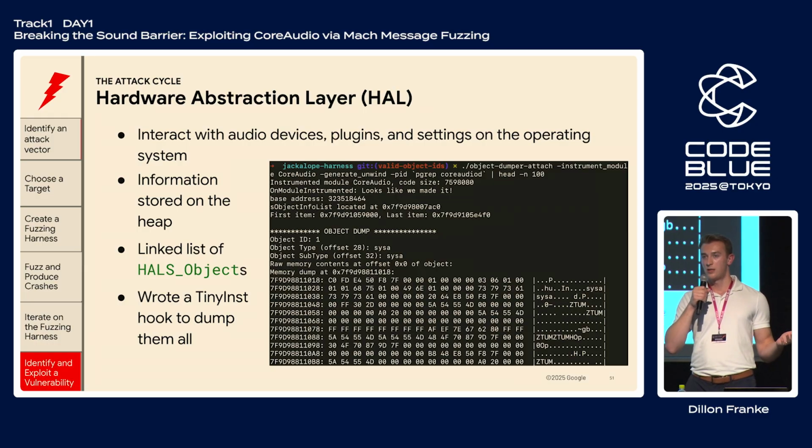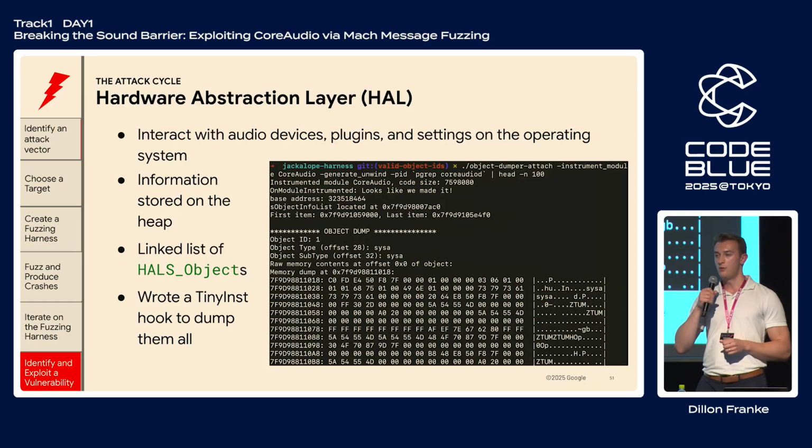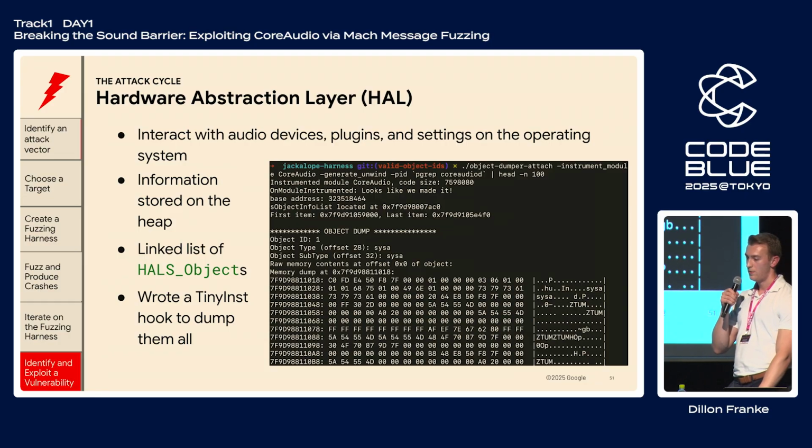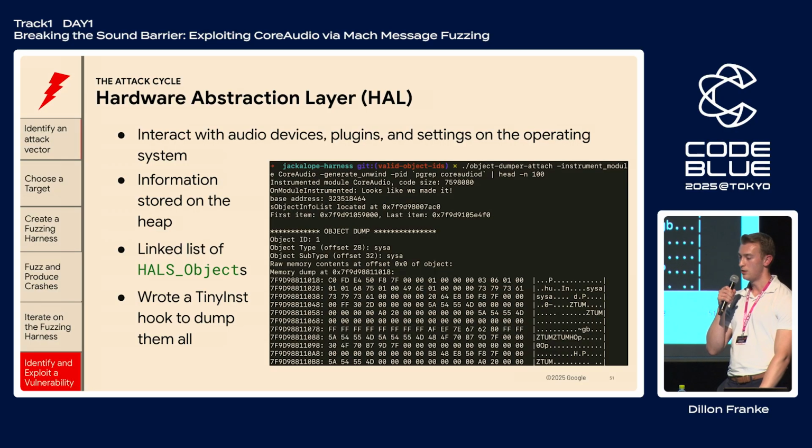This information all gets stored on the heap in a linked list of HALS object types. I used TinyInst once again to write a hook to dump all of them in this linked list. This made it very easy to understand what was going on and start to look at how these objects were arranged on the heap. You can see the output of that script here.